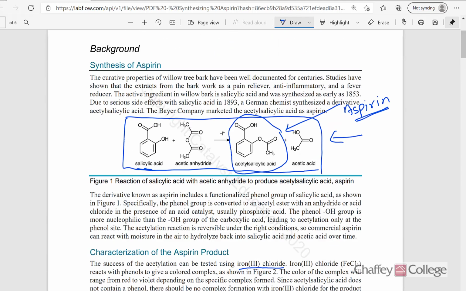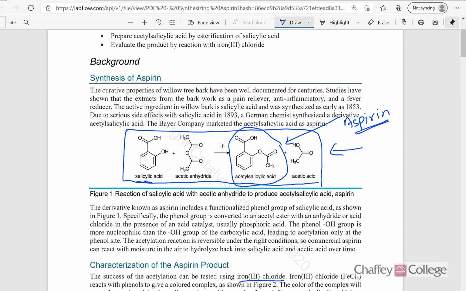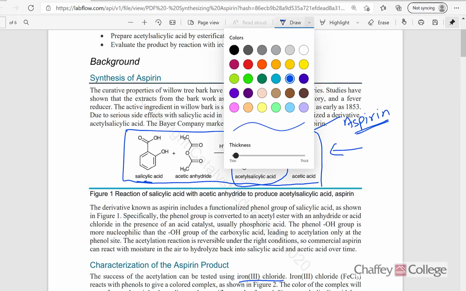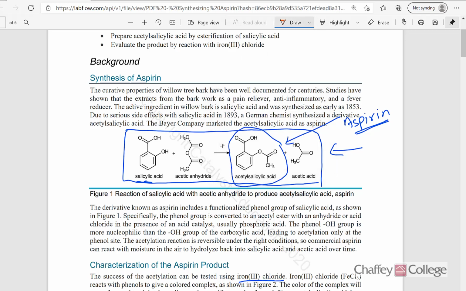Now if we look at our equation, we can see that our starting material does have a phenol group, but there is no phenol group in aspirin. So aspirin contains no phenol group.